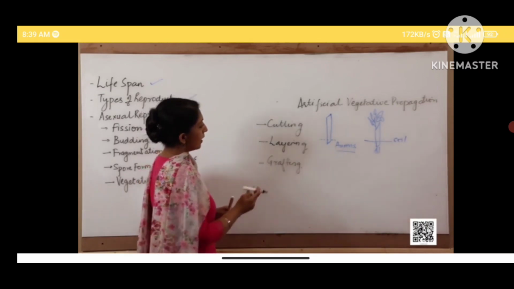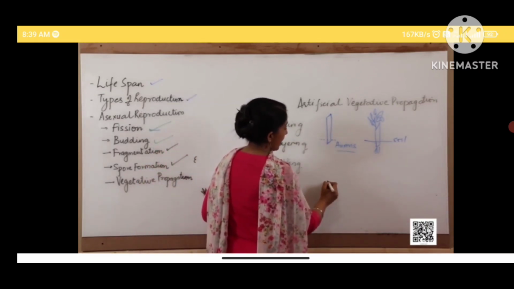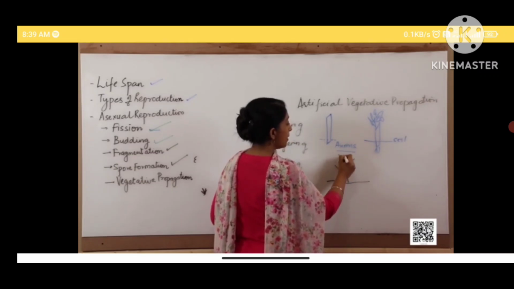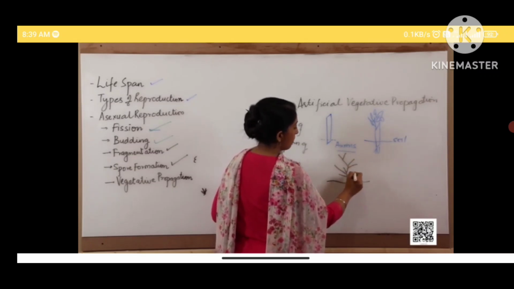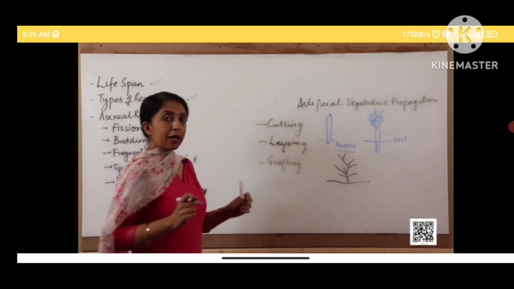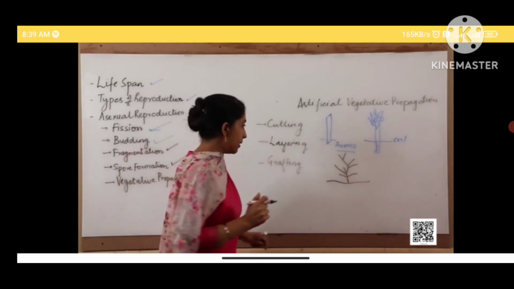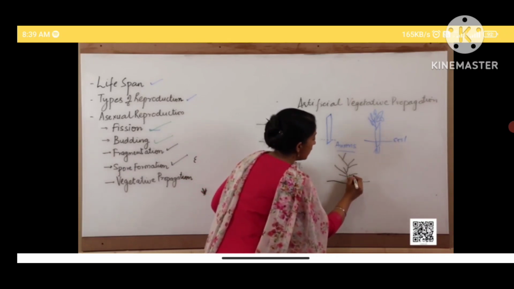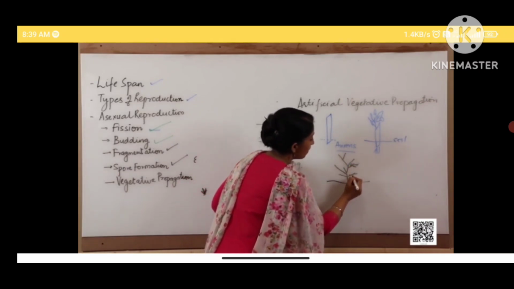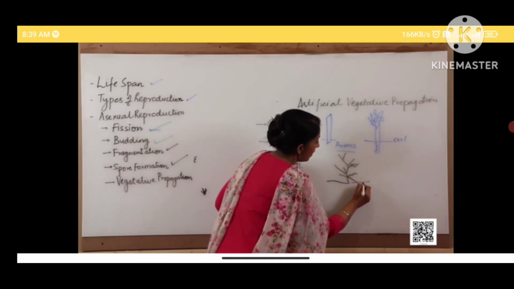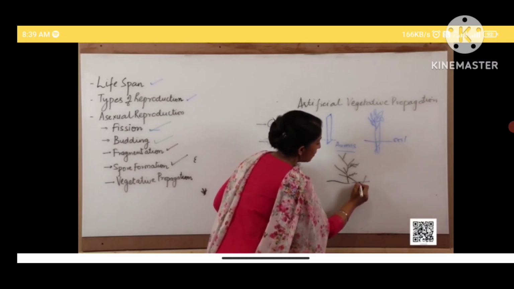For example, it is usually done in jasmine plants. So we have a plant growing, we take one of the basal branches of the plant and we remove all the leaves from this branch. We pull the branch under the soil and cover the branch with a lot of soil.